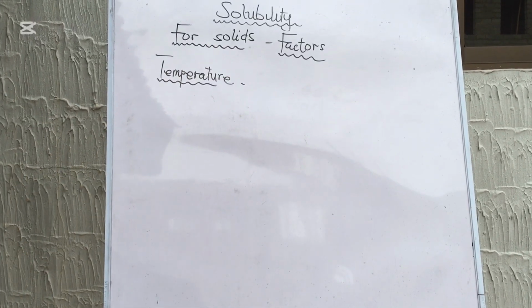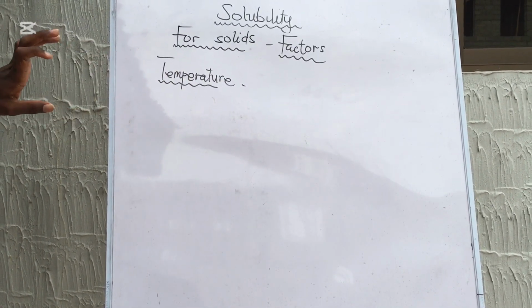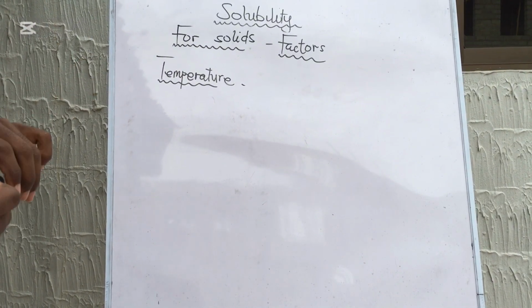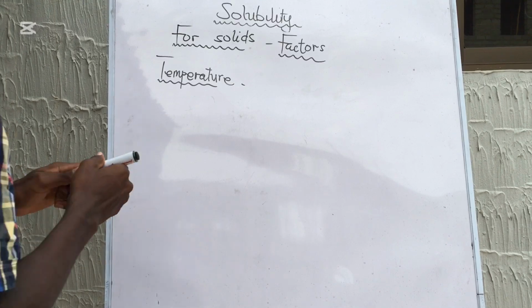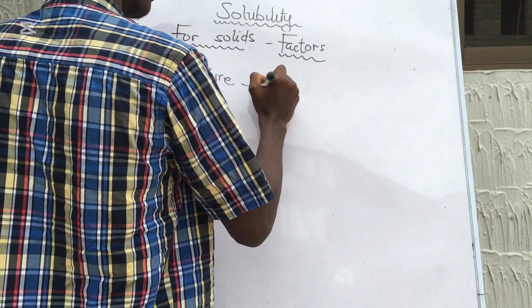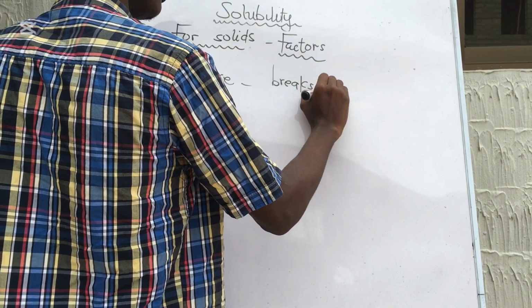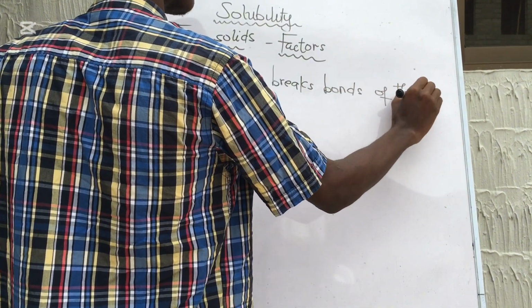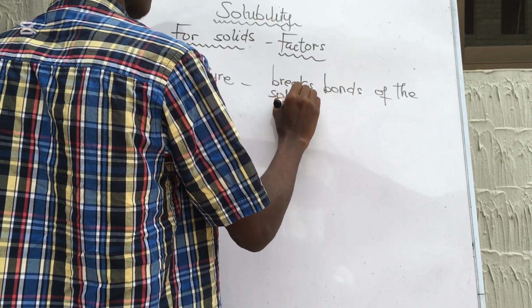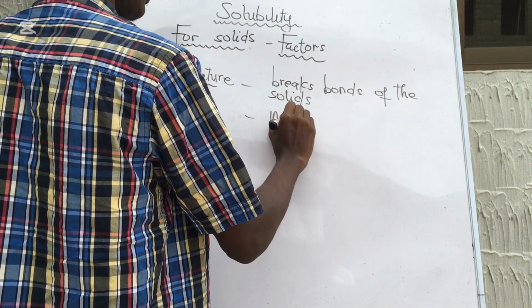In terms of the kinetic energy of the particles, if you increase the temperature, we expect the kinetic energy of the molecules to increase. And if it increases, collisions occur, which results in the breaking of their bonds. So the temperature, one, breaks the bonds of the solid, and two, increases its kinetic energy.